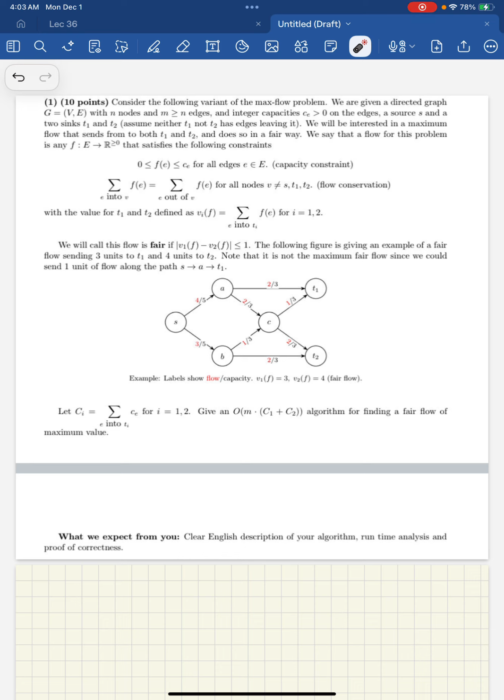And because this problem is so similar to traditional max flow, we can try to come up with an algorithm that's very similar to Ford-Fulkerson, where we create a residual graph and try to find an augmenting path. And we just need to make sure that we meet the fairness constraint.